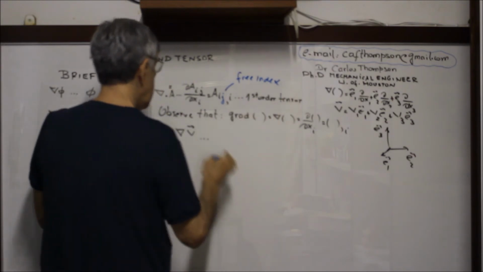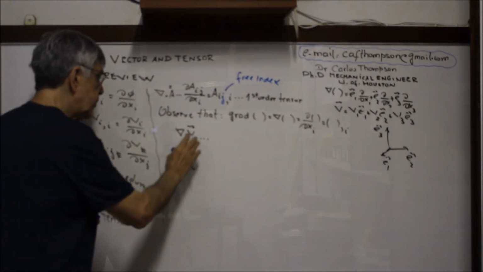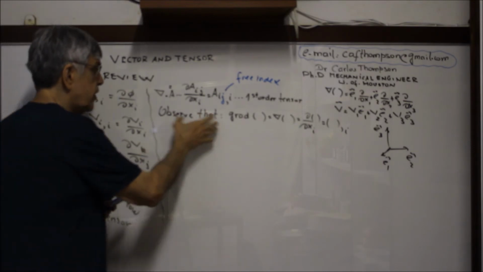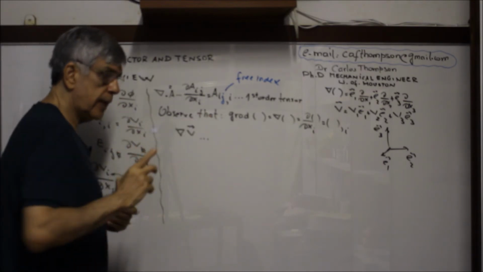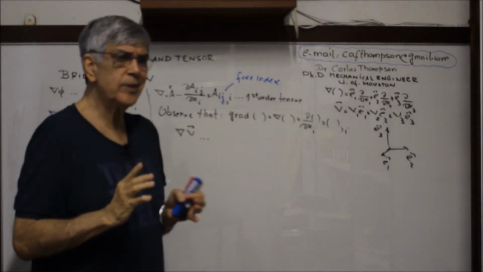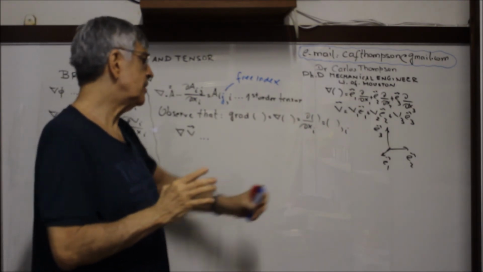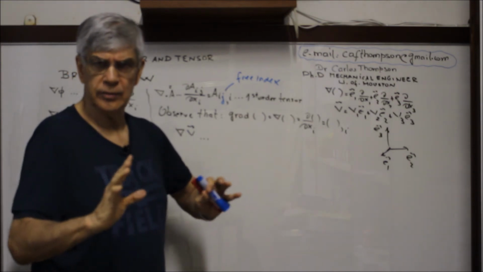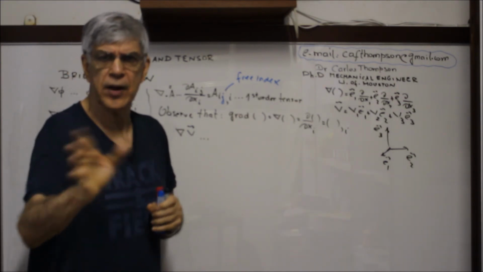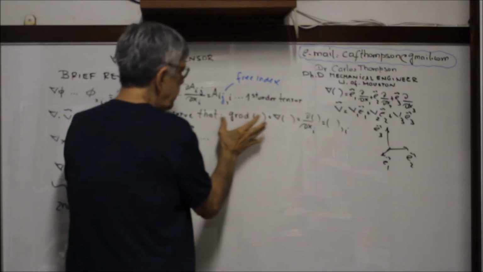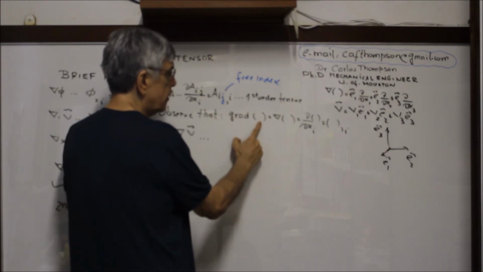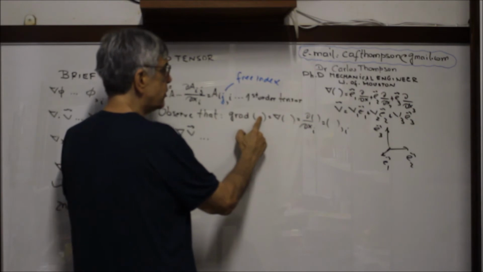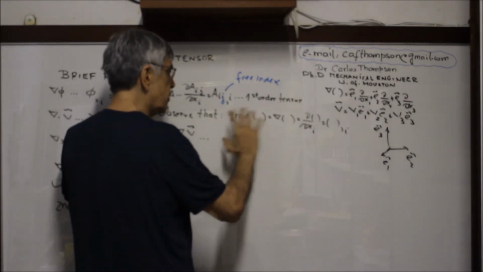Now, I will emphasize an observation over here that could cause a little confusion, but I will clarify it for you. Look, you see the gradient of something. This could be a scalar, a vector, a second order tensor, a third order tensor, it doesn't matter.